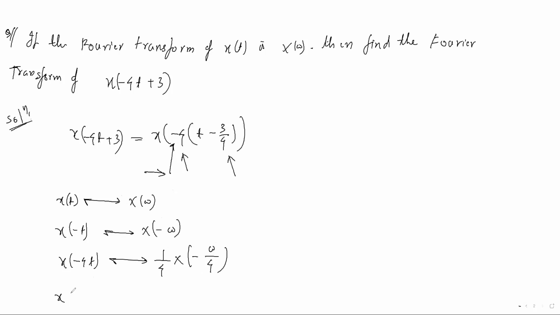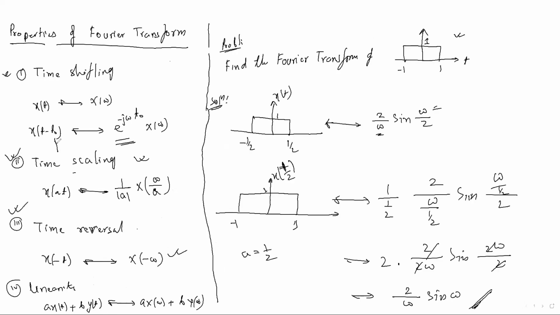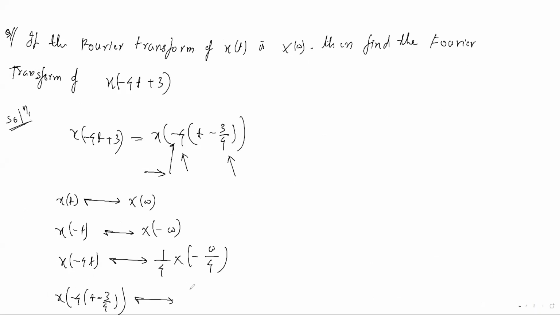Then take the shifting property, t minus 3 by 4. This shifting property says we have to multiply by an exponential term. Minus is there, that's why minus comes in the exponential. So you have to write 1 by 4 exponential of minus j omega t naught, with t naught as 3 by 4, times X of minus omega by 4. Okay, this is the ultimate answer of this problem.